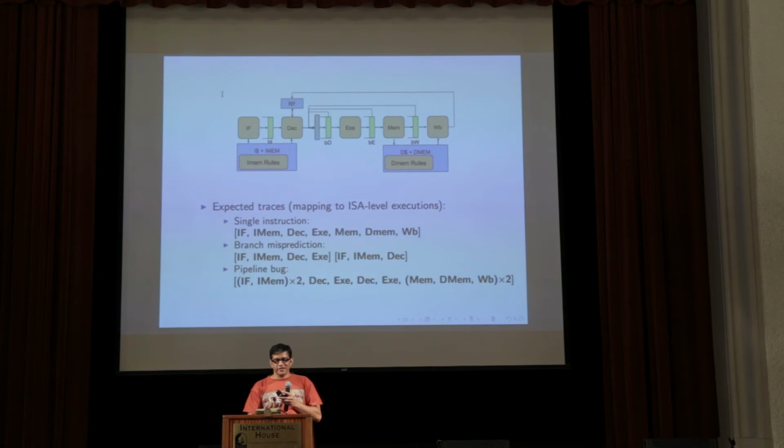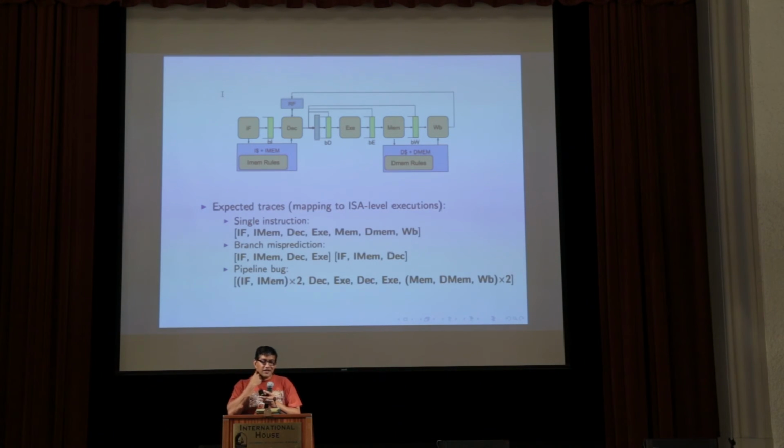So the expected traces will basically, for a single instruction, show all the various stages of the pipeline in the trace. For a branch misprediction, you will find one instruction that's partially executed before you decide it was mispredicted, and by the time you realize that, there's another instruction that's entered the pipeline.